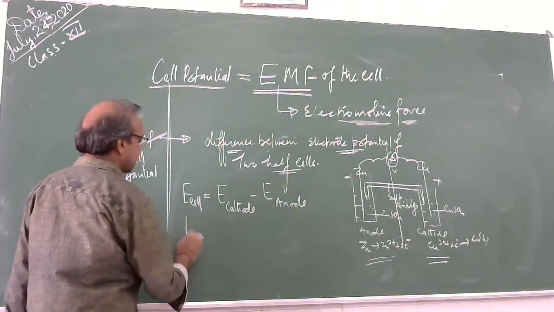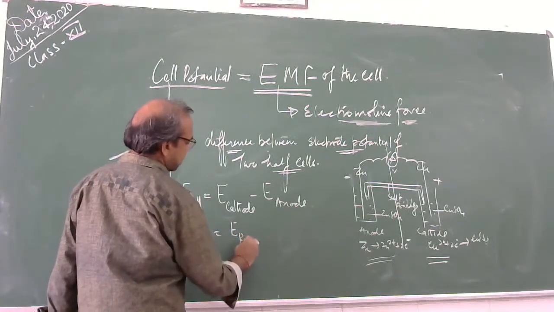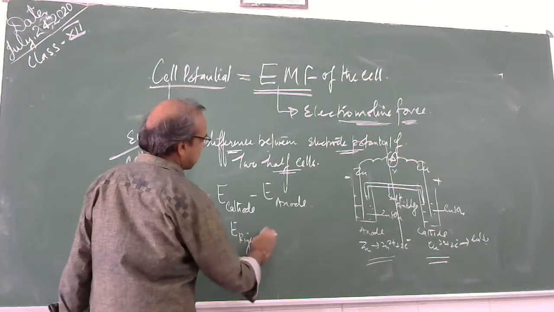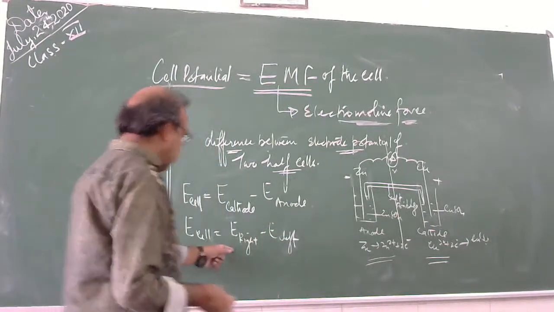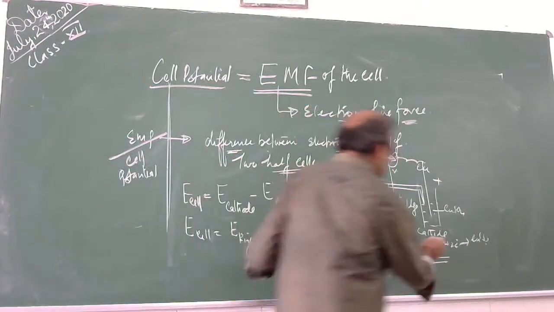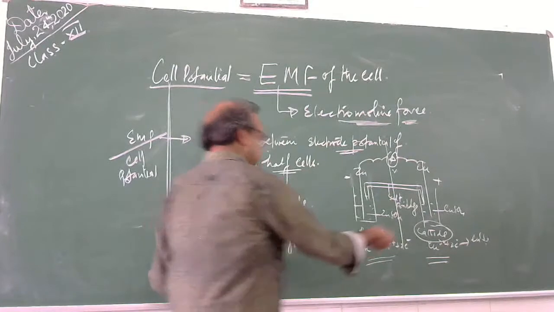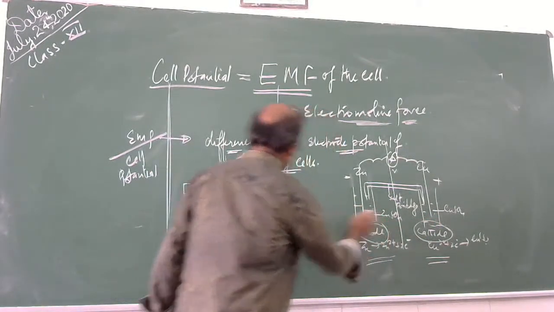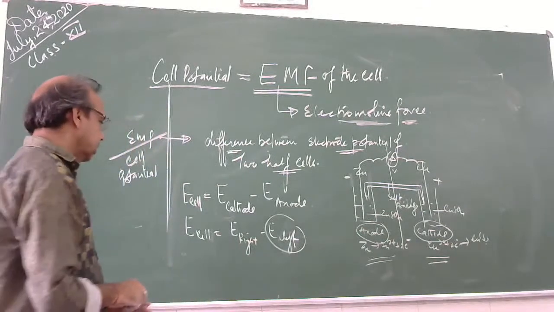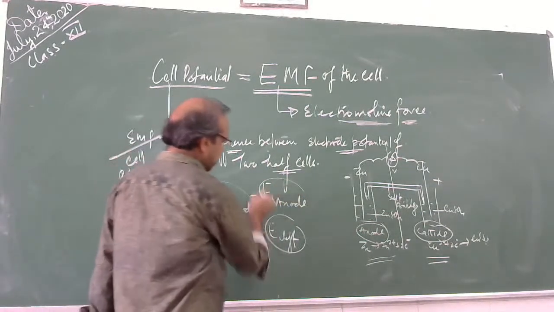Or you can say E cell equals E right minus E left, since the cathode is on the right side.